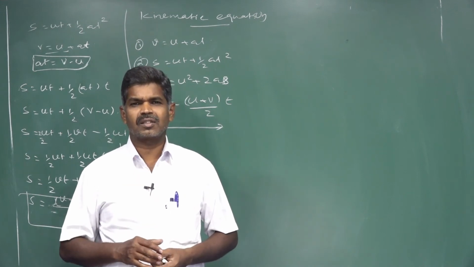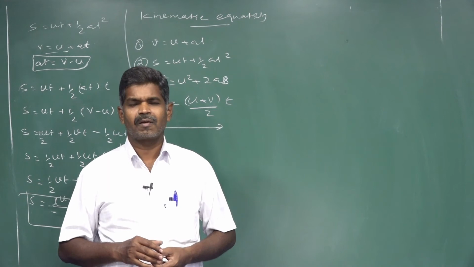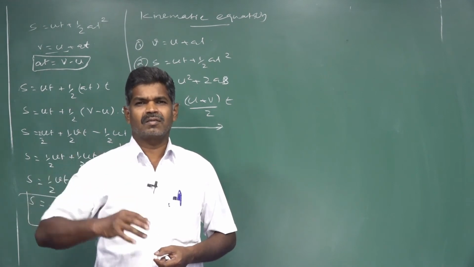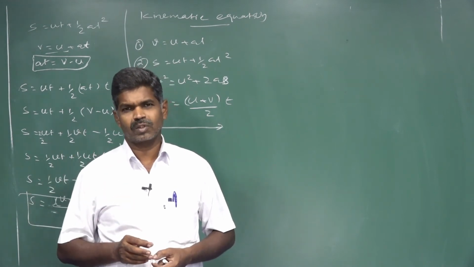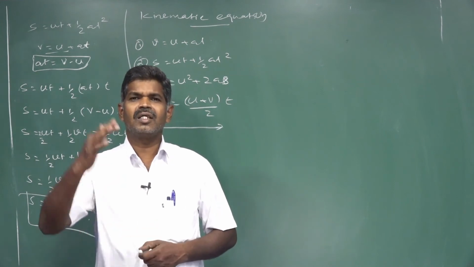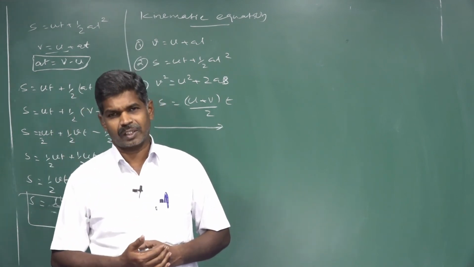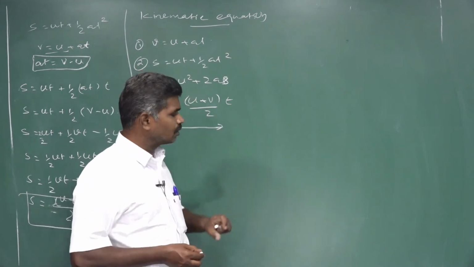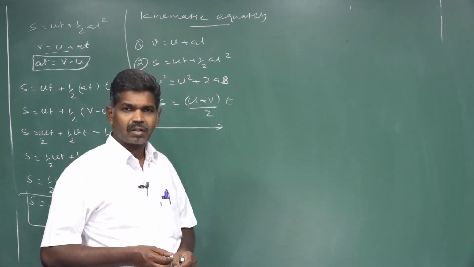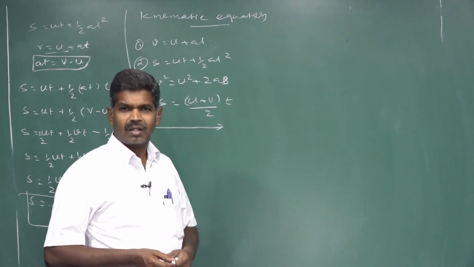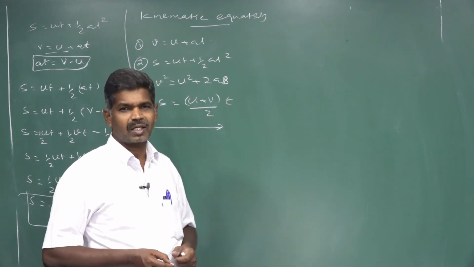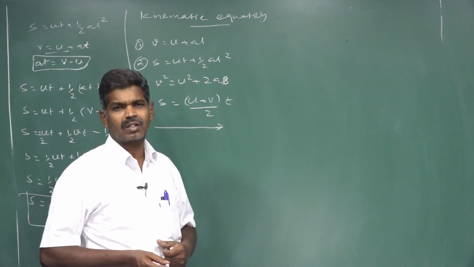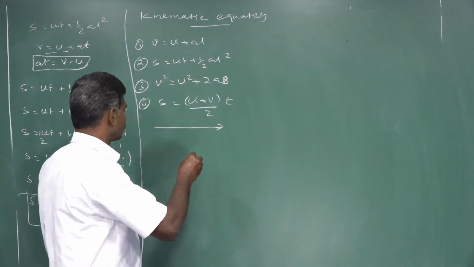Positive acceleration is an increase in velocity with respect to time. Negative acceleration is a decrease in velocity with respect to time. Anyhow, we are going to apply these 4 equations to some practical applications, that is the equations of motion under gravity.